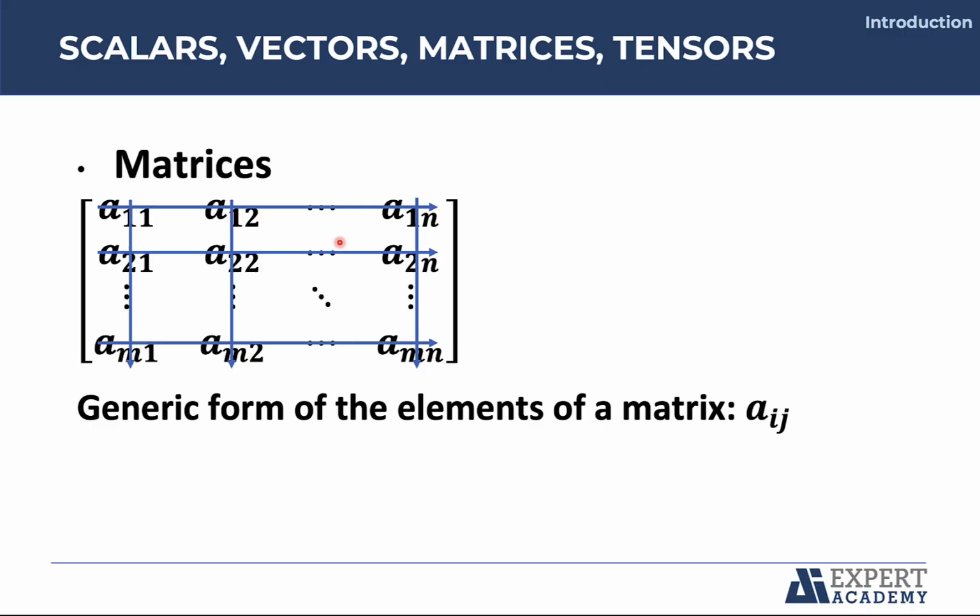Machine learning algorithms take advantage of this relationship and how efficient these calculations are in order to solve mathematical problems. In mathematical notation, matrices are usually represented with a capital letter.